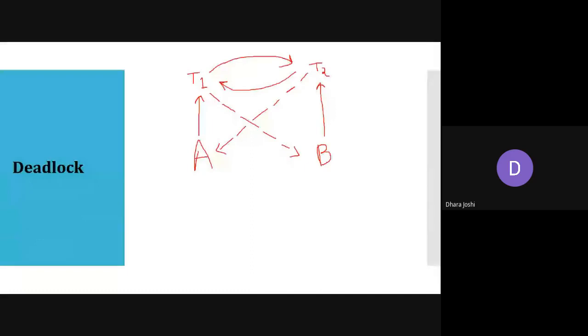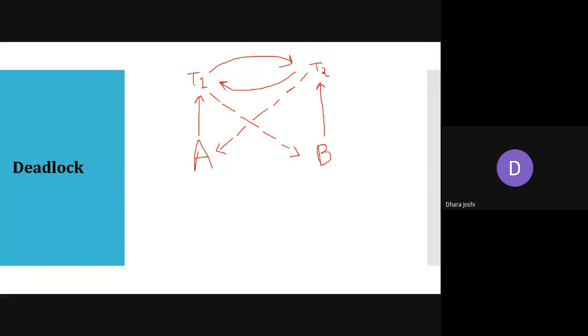Both of them are waiting for each other to release the data item so that they can proceed with their execution, but none of them has released any lock on its data item.